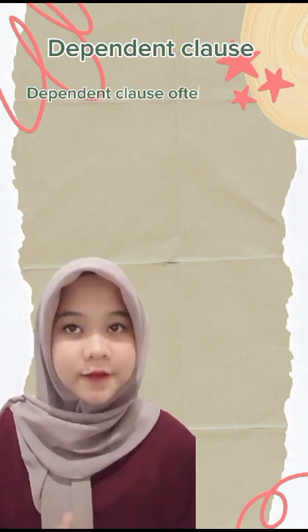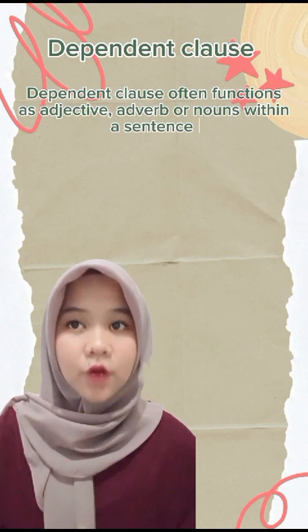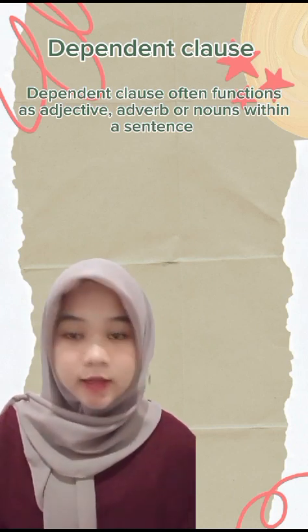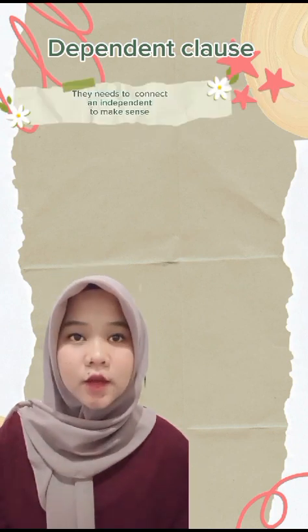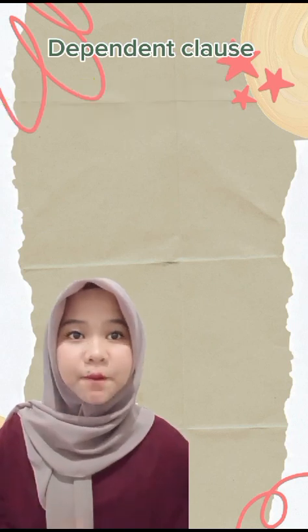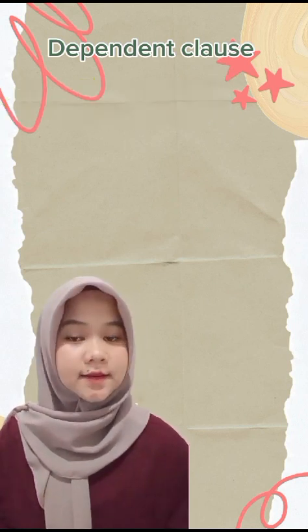Dependent clauses often function as adjectives, adverbs, or nouns within a sentence and cannot stand alone. They need to be connected to an independent clause to make sense and provide additional information or context.